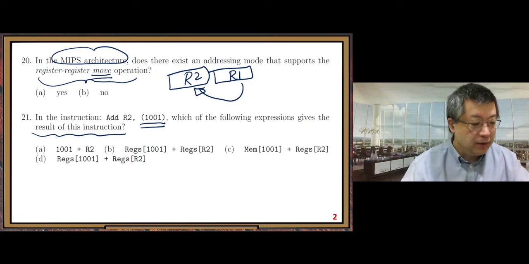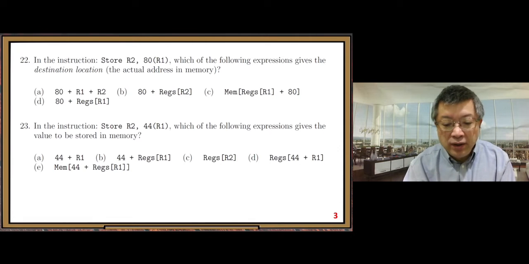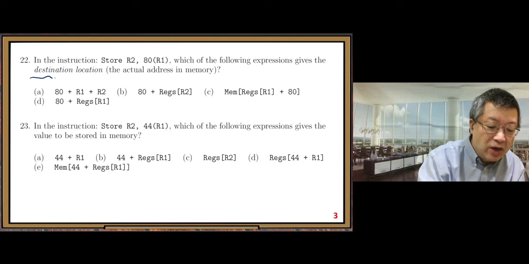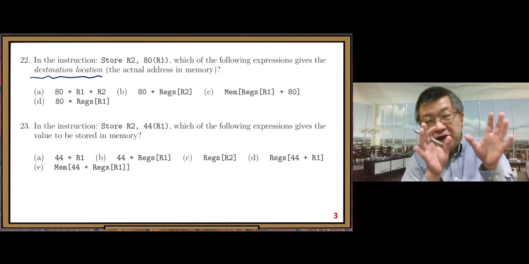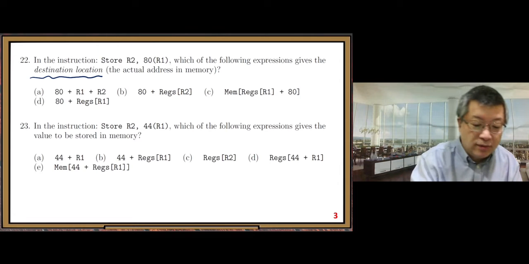All right. So next one, number 22, in the instruction store R2, comma 80 parenthesis R1, which of the following expressions gives the destination location? Destination location, right? That's the address.